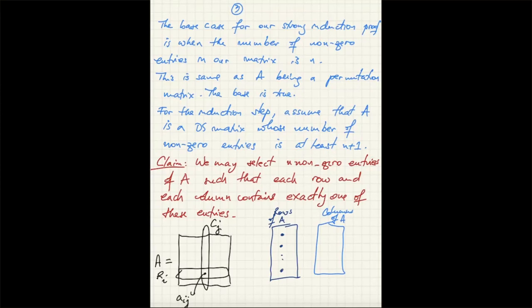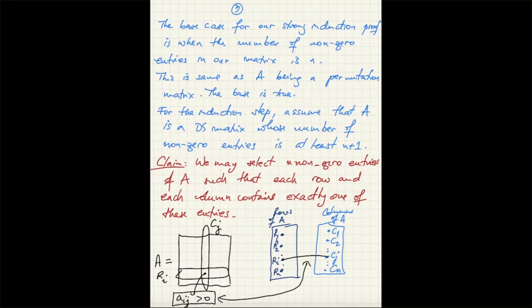Well, we have here row 1, row 2, row i, all the way up to row n. And on the other side, we have column 1, column 2, column j, all the way up to column n. And we put an edge between row i and column j if and only if the entry of the matrix in row i and column j is positive. So that's how it works.